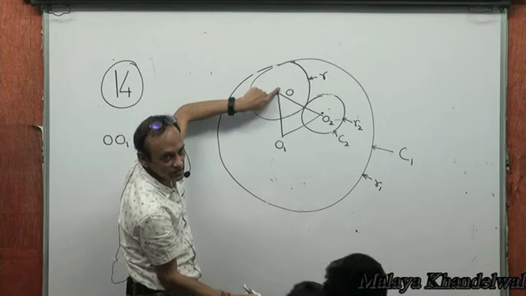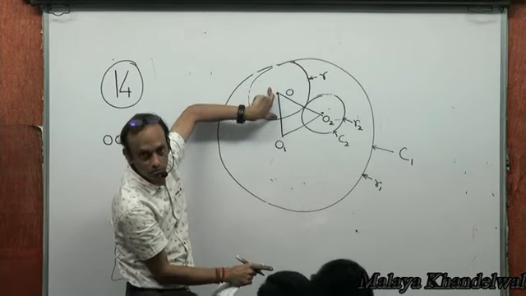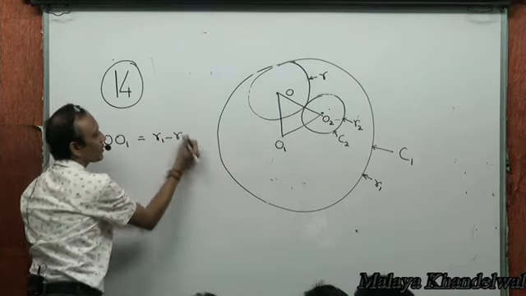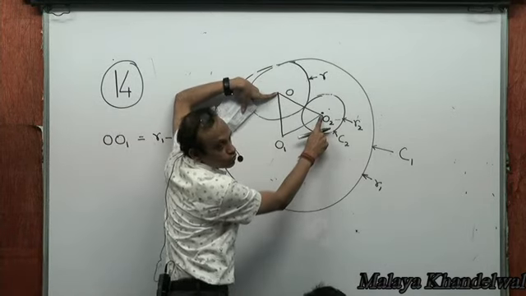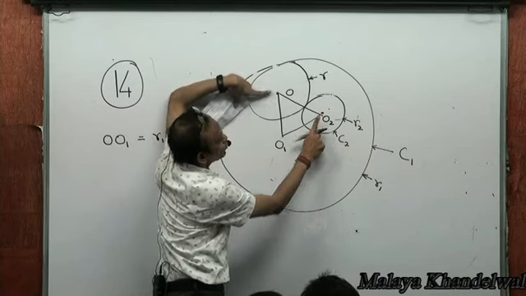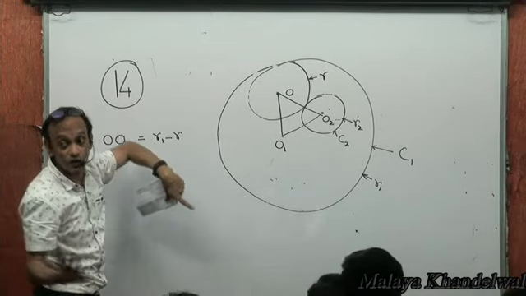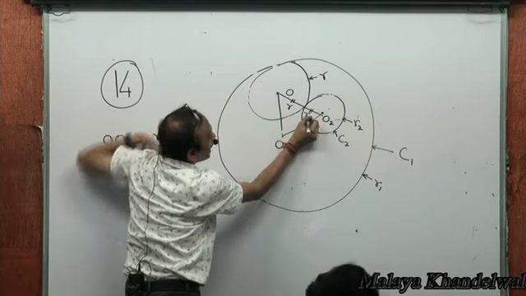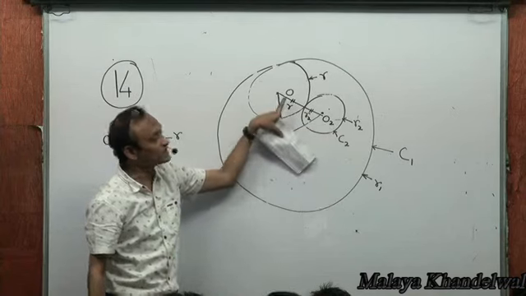Distance between these two centers is R1 minus R. OO2, what is OO2? R plus R2. This is R, this is R2. OO2 is R plus R2, isn't it?